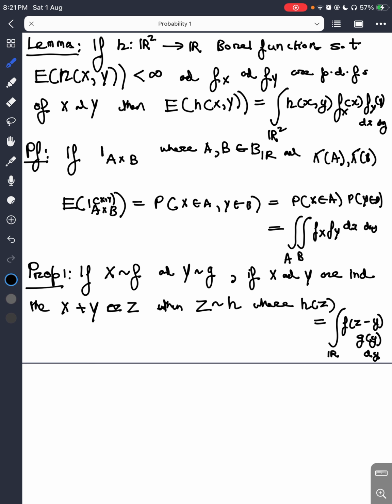Essentially, we are taking the class of all L1 functions in R, the PDFs.